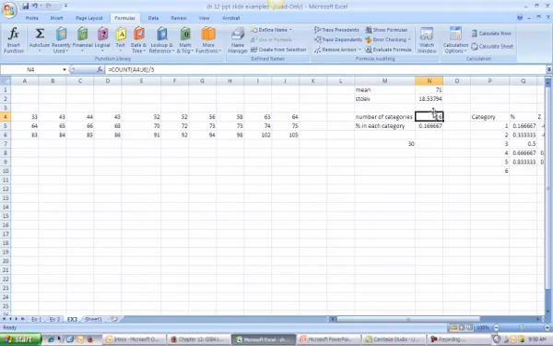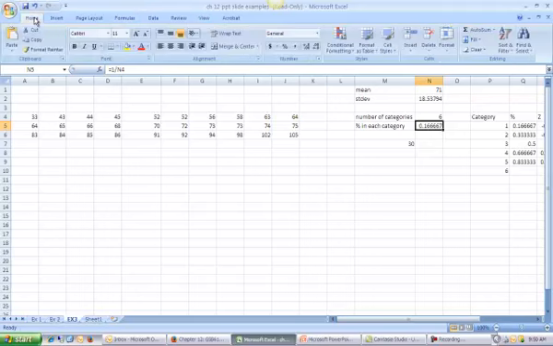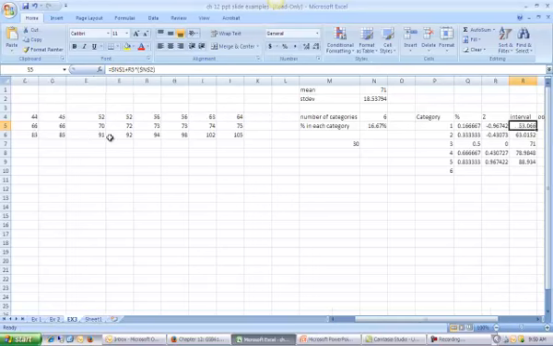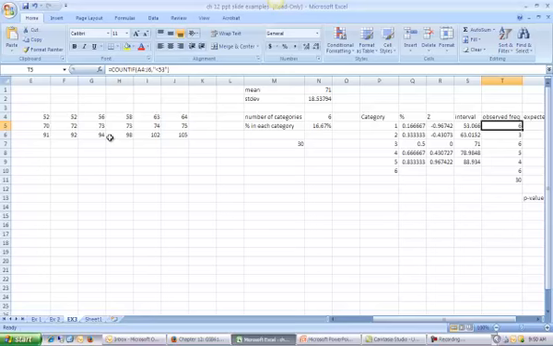So 30 divided by 5 tells me that I must create 6 different categories. Then 1/6 gives me my percentage in each category. So this tells me that I need to have 16.67% in each category.